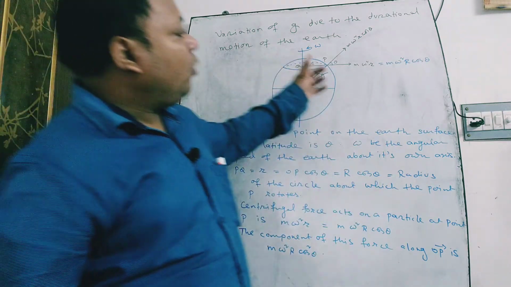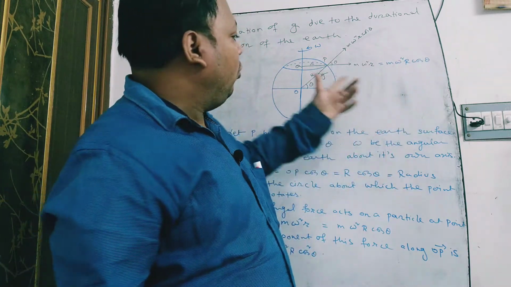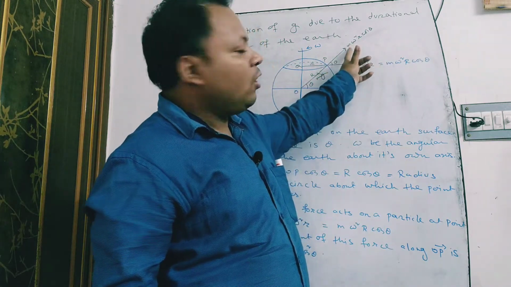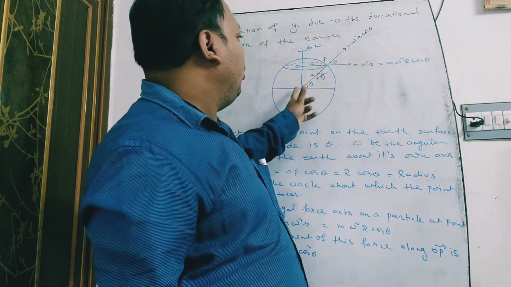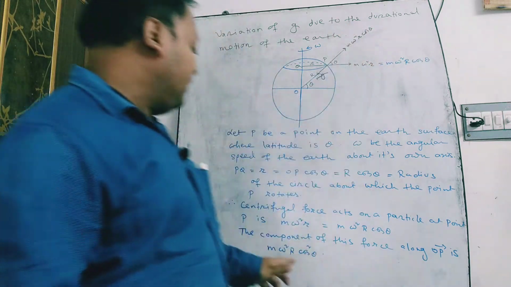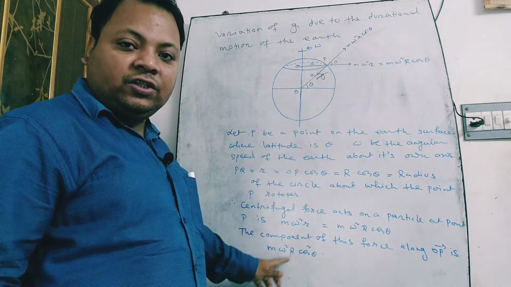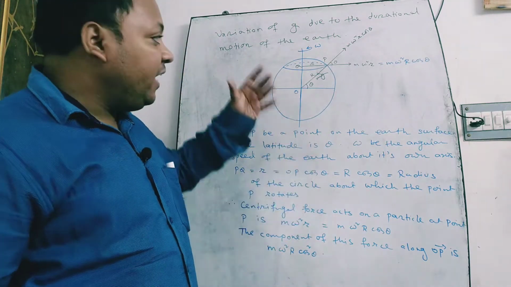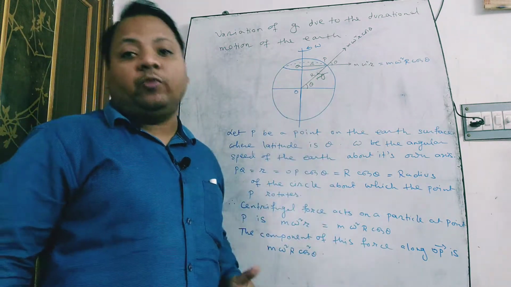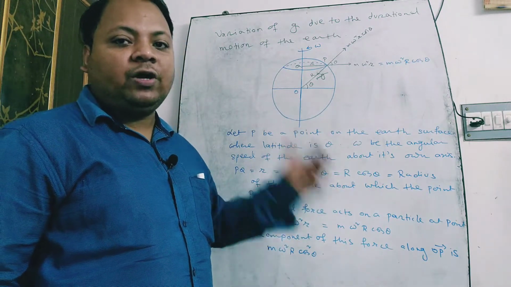But the component of this centrifugal force acts against the weight of the body along the OP direction. The component of the force along the OP direction is m omega square r cos theta, that is m omega square capital R cos square theta. This component acts against the weight of the body. That's why the resultant weight of the body is less than the actual weight of the body.